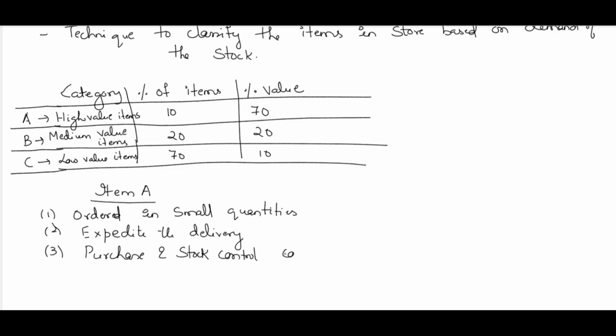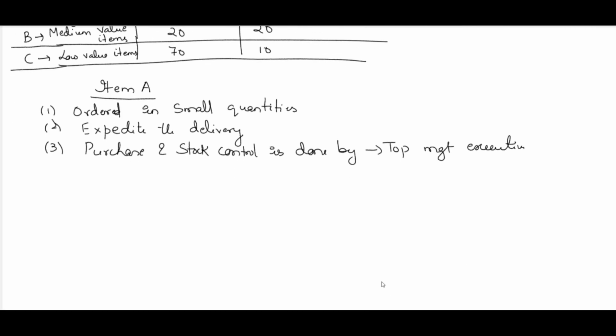And purchase and stock control is done by top level management. I've told you, because these are very costly items, these are managed by the top level managers or executives.